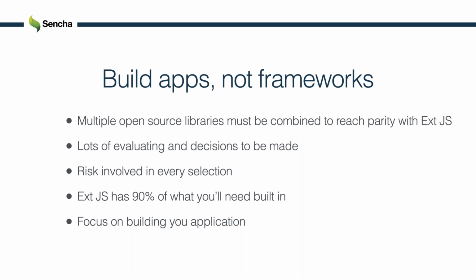So that's one decision, one risk factor that you're taking into account, and that lets you just dive straight in and focus on building your application, because your customers don't really care that you've made these decisions on 20 different open source libraries that build the application. They just care about the value that your application is delivering to them, and so that's what we as developers should be focusing on, and not getting bogged down in all the other decisions.